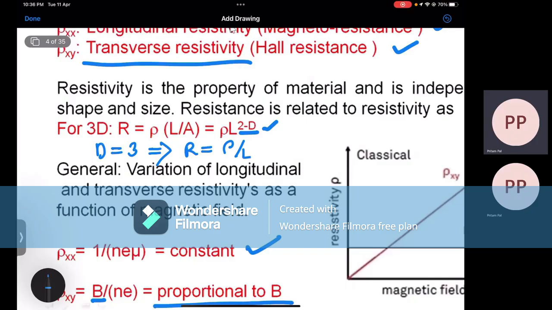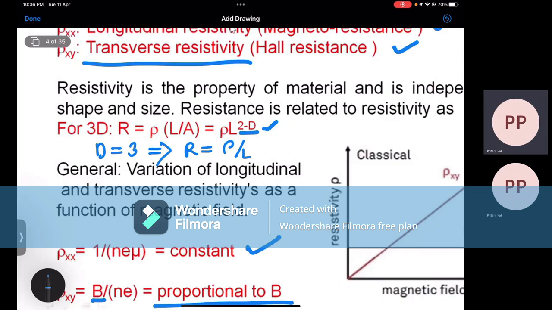Why I'm discussing here, for two dimension, you will understand in the next slide. Okay, so that is why it's important to understand this, for different dimensions.